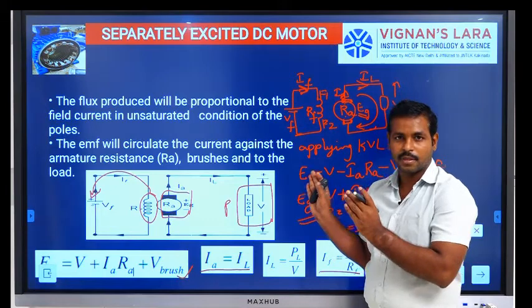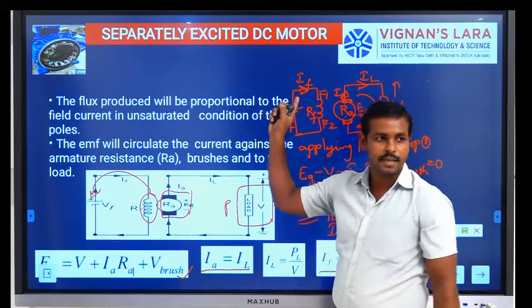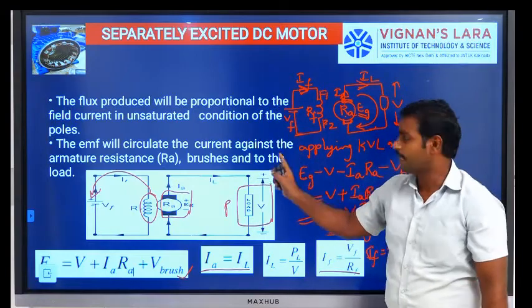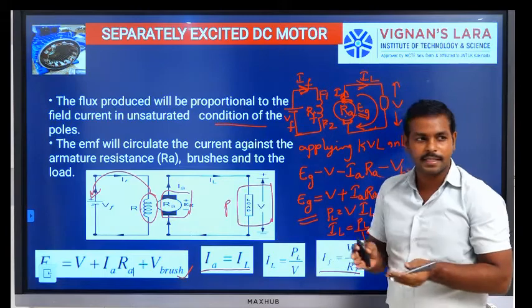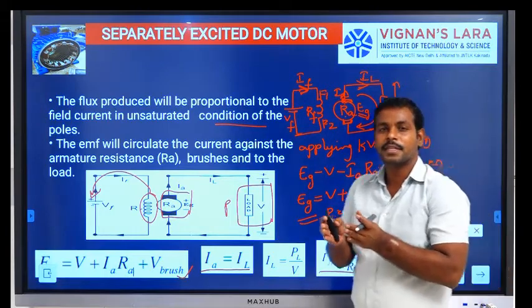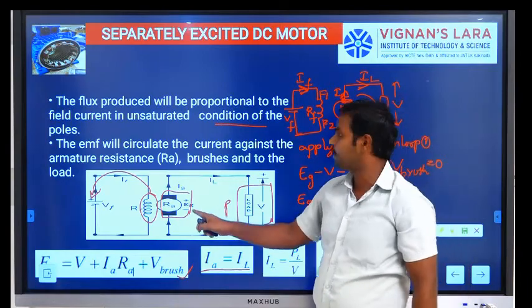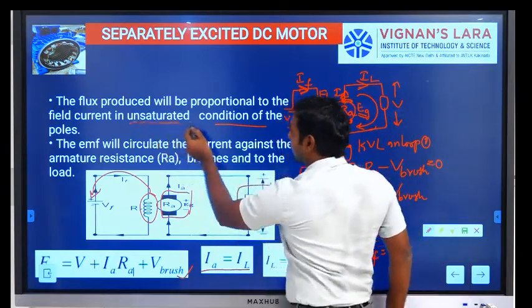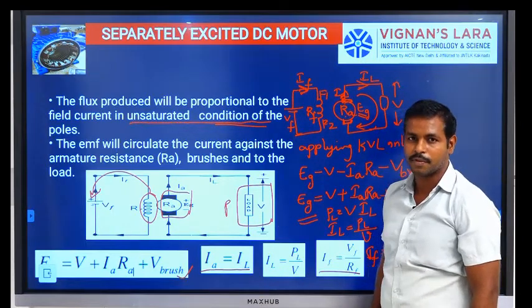The second one is the self-excited generators. Self-excited generators always have saturated poles, whereas in a separately excited generator, the poles are in an unsaturated condition.